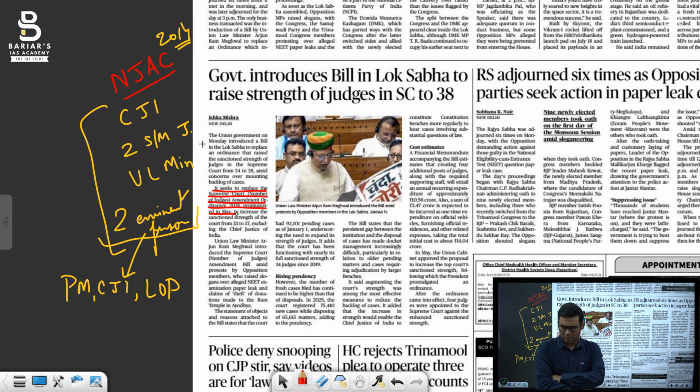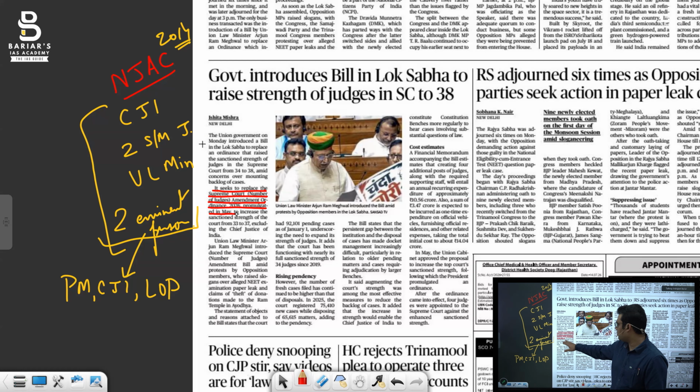Abhi we will read the article also again for a quick revision, but just what you have to know here. Ab ordinance once have been promulgated. Say, for example, they promulgated this ordinance in May. May was when both the houses were not in session. So President promulgated this ordinance कि we are increasing the numbers of judges from this to this. What is the condition?